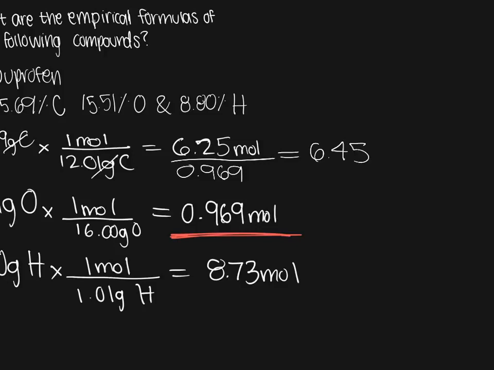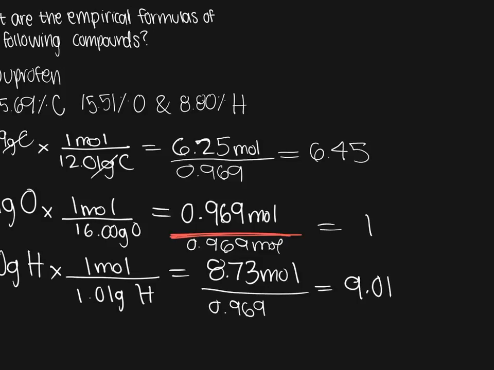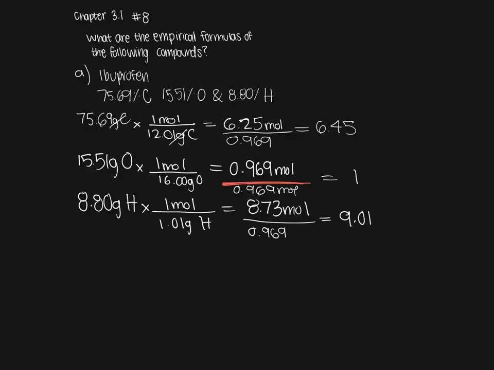Divide 0.969 by 0.969. That gives us 1. And when we divide 8.73 by 0.969, we get 9.01. So now we have our empirical formula, and that is C6.45, O1, and H9.01.